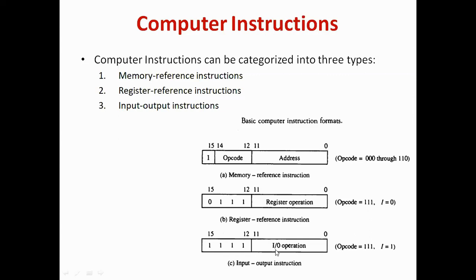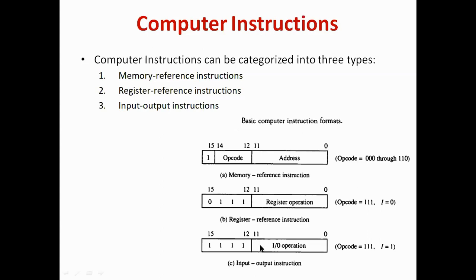Since IO instructions are only 6 in number, only 6 bits will be used. Out of these 12 bits, 0 to 11, only the most significant 6 bits will be used: 11, 10, 9, 8, 7, and 6. How will it happen? If the most significant bit is 1 and the others are 0, it will be the first instruction, INP, input.